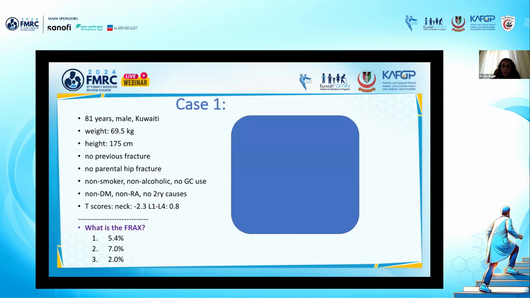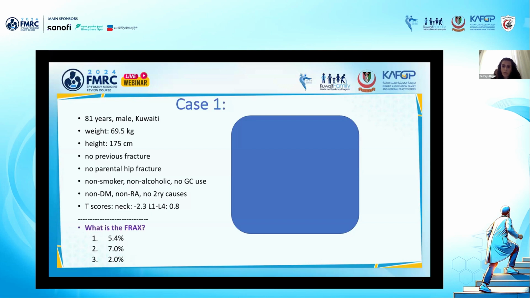The weight is available, the height. There is no previous fracture. There is no parental hip fracture. The patient is a non-smoker, non-alcoholic. He is not on glucocorticoids, non-diabetic, non-rheumatoid arthritic patient, and has no secondary causes. The T-score of the neck here is negative 2.3, and the T-score of the lumbar L1 to L4 is 0.8.